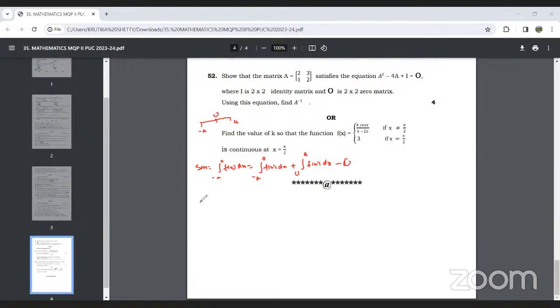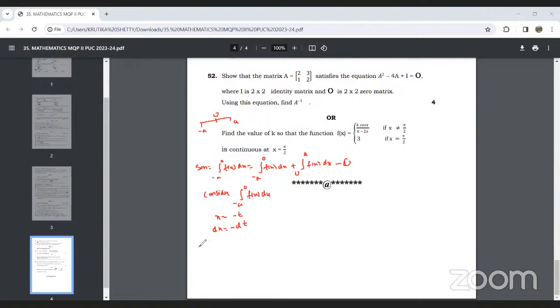Okay, so next, we are trying to replace this minus a to 0. So we will consider the integral from minus a to 0 of f of x dx. Here we will substitute x is equal to minus t. So when x is equal to minus t, we get dx is equal to minus dt.